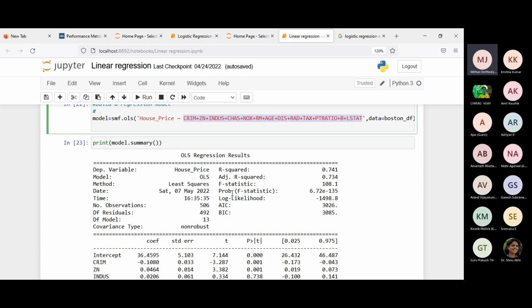All of them are numeric variables. Housing price is scale. The others are also scale and numeric. And I don't see any interaction variables here. No, there's no need to specify interaction and such things.